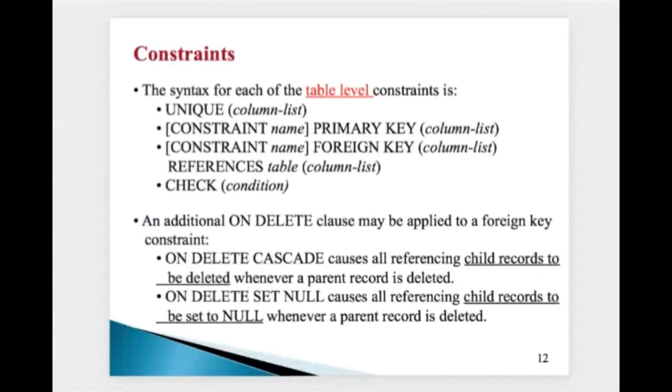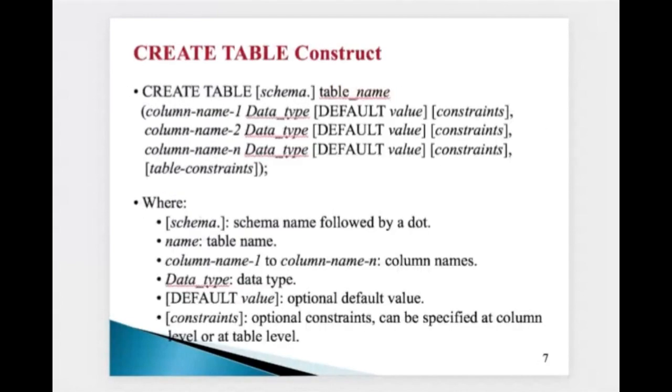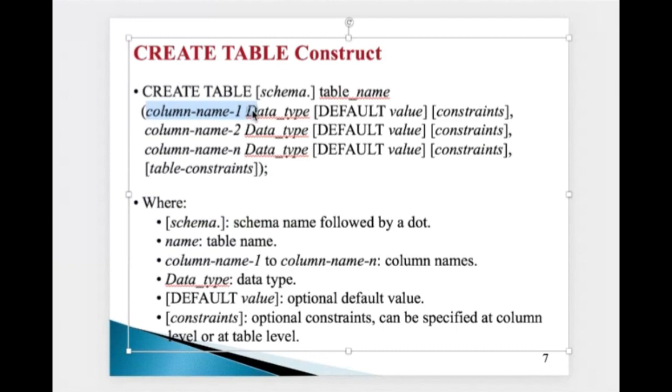Let me show you once again. See here, this is the column name, this is the data type, then the default values, an optional part, here are the constraints, and then there is a comma. After the comma, the second column starts.